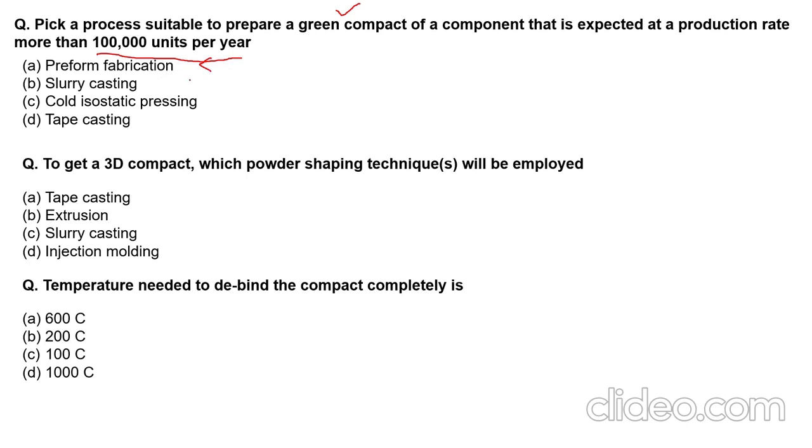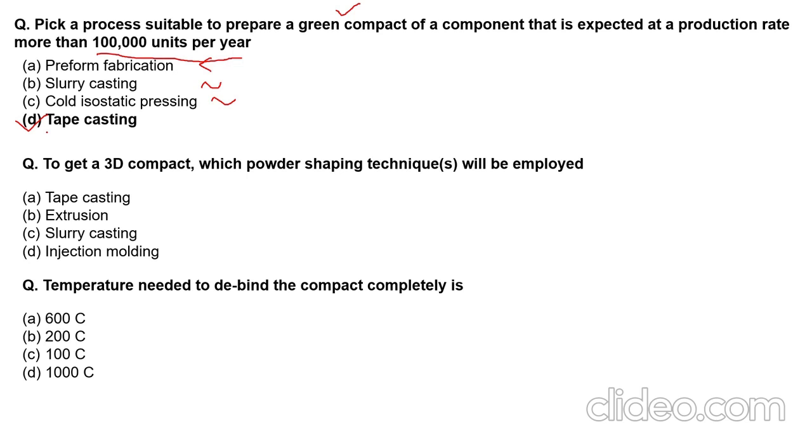Preform is mostly done when you have very low production rates. Slurry is for moderate production rates. Cold isostatic is also for moderate because these are used for 2D manufacturing of the particles or powders. And then we have tape casting. This tape casting is used for production of large amounts of powder compacts.